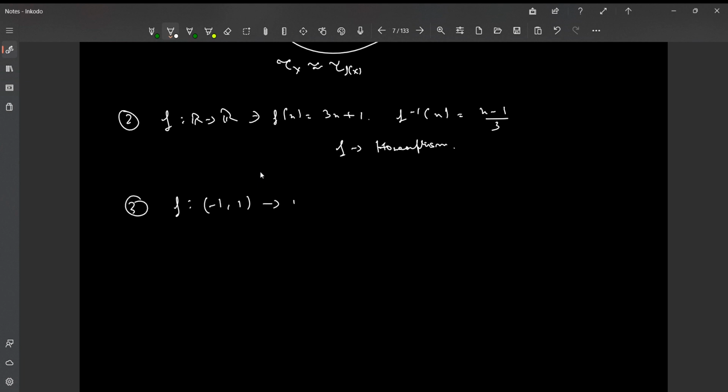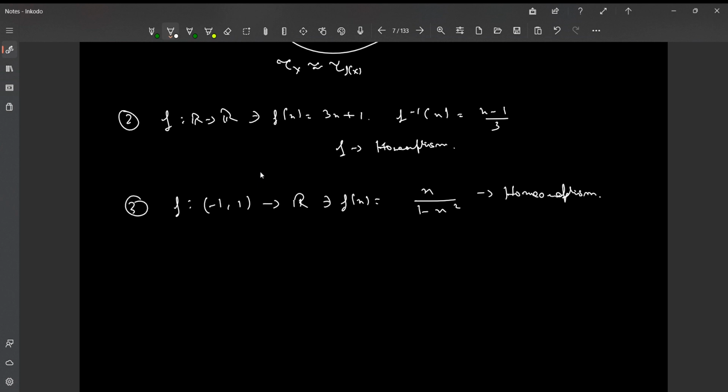Next, let us consider, suppose, let's say f is a mapping from the open interval -1 to 1 to R, such that f of x is given as x by 1 minus x squared. Okay, then this is also a homeomorphism, right?